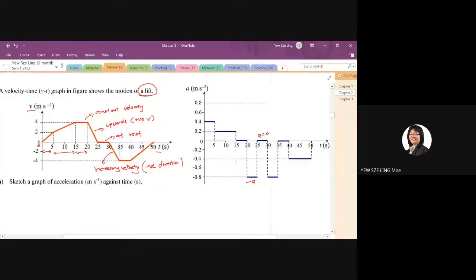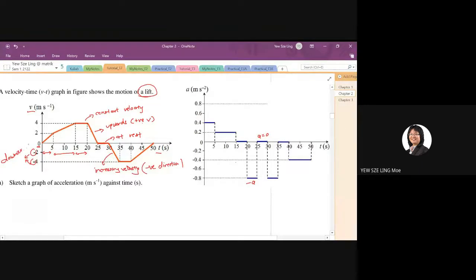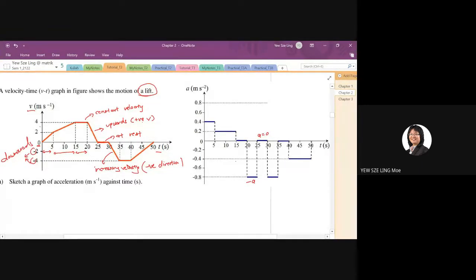Because the value is increasing from 0 until 4, but because of this negative sign, it indicates that your object is moving downwards. Just now it was going up because of positive, now it's going down because of this negative. So increasing velocity towards the negative direction, so you have a negative A here.